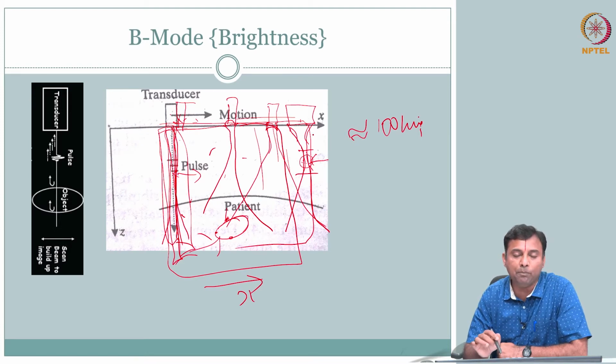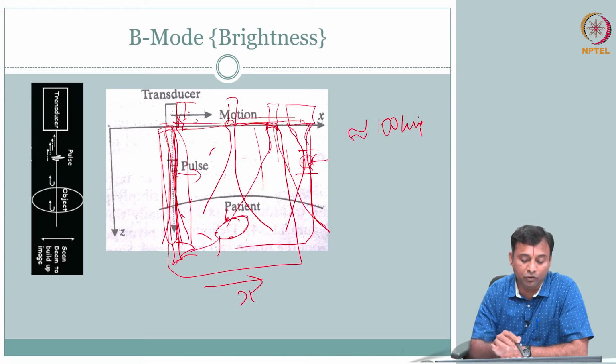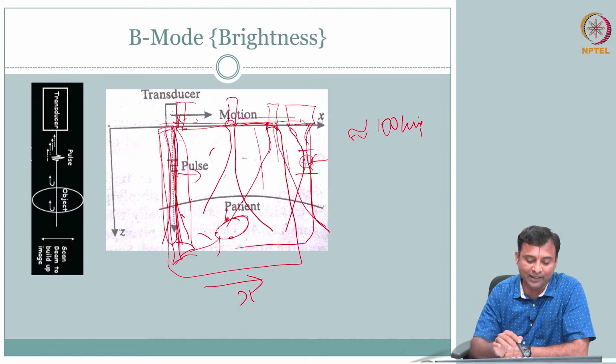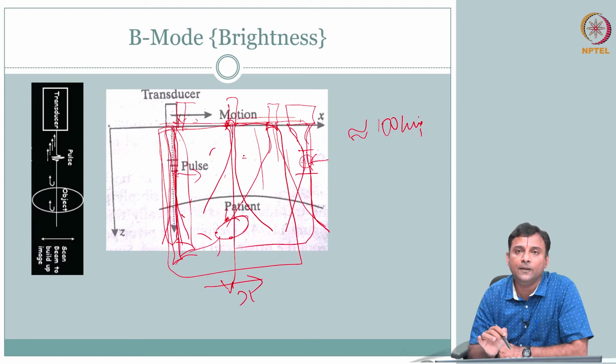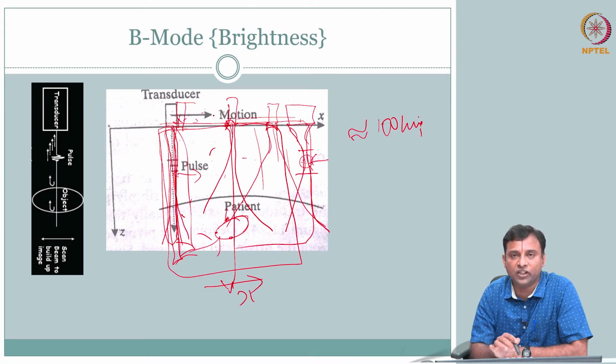One of the other important parameters: of course, that means you have to start your motion and stop your motion, and get the data up to the depth of penetration at that location. I have to go deep and come back. So maybe I have to halt here, or maybe I can move slowly, but the point is there is a time for this motion to take place, start, stop, or go slowly, so that you can receive from the deepest location.